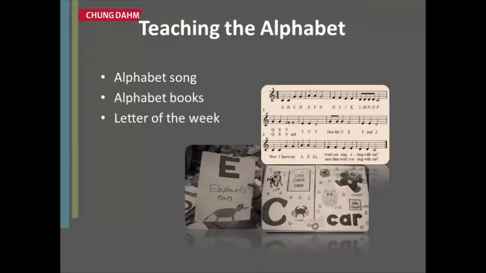The second is alphabet books. You see on the slide, the lower right-hand corner, an example of an alphabet book. This shows the letter of the alphabet with numerous pictures of words that start with that letter. When students see these pictures, it helps them associate the letter with the sound, that is the first sound, of each of the example words.